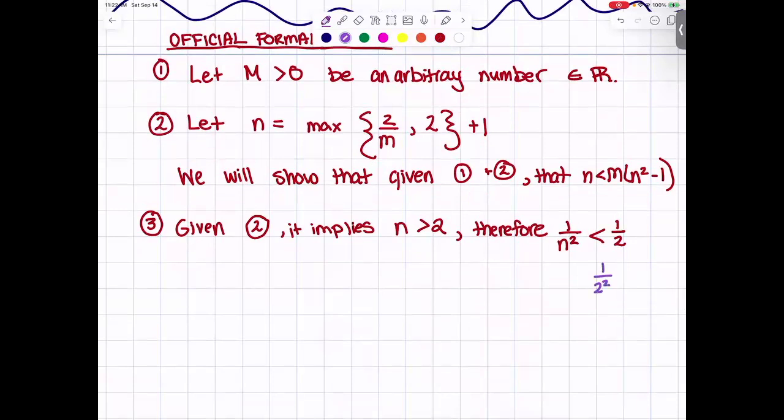A reminder of what that was going to look like was something like this, and this is definitely less than this. One more time, this is also going to be strictly less than this. So we can see that that's a true statement there. We can say that 1 over n squared is definitely less than 1/2. So that's great news for us.